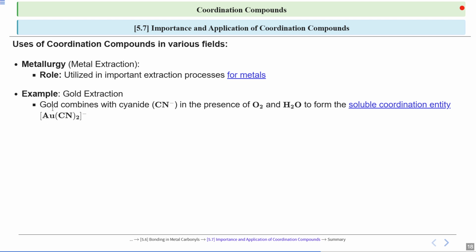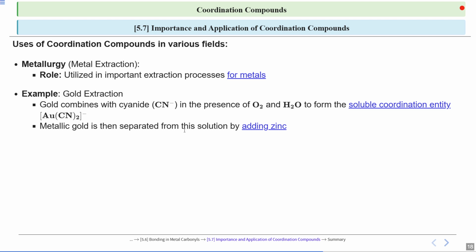This is a soluble coordination entity, formed when the gold combines with cyanide in the presence of oxygen and water under normal conditions. Because oxygen is available and water you can simply add, gold can combine with cyanide and form this soluble coordination entity, and through this we can extract the gold.